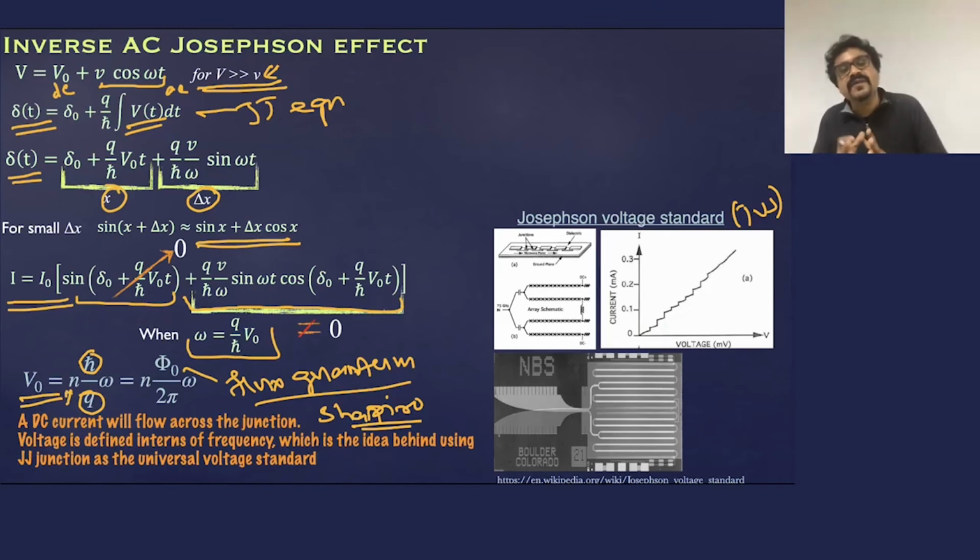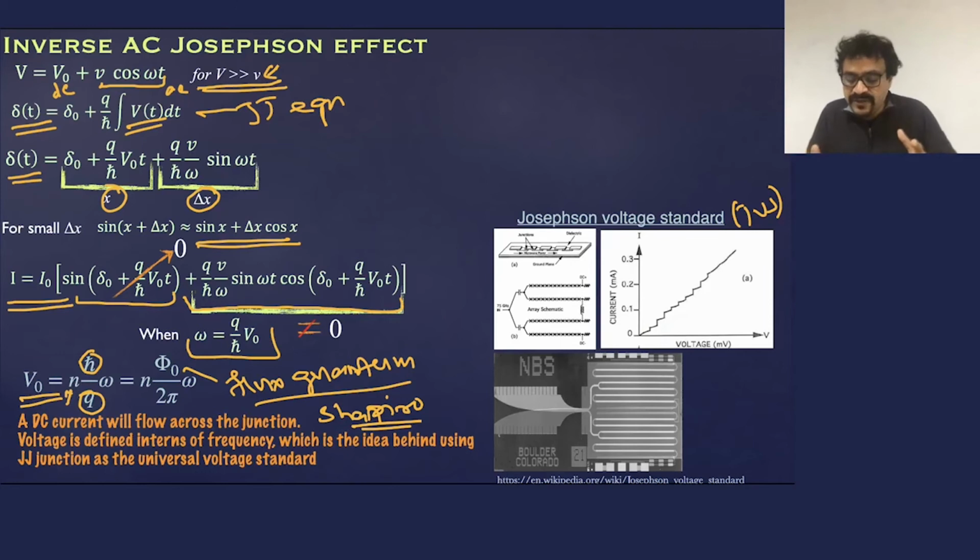And the frequency omega can be defined very accurately. That is one assumption behind all quantum metrology. So you can always define and apply the frequency very accurately, and then everything else here is defined to the best possible accuracy. So using this effect, you can define the voltage very, very accurately. That is the idea.